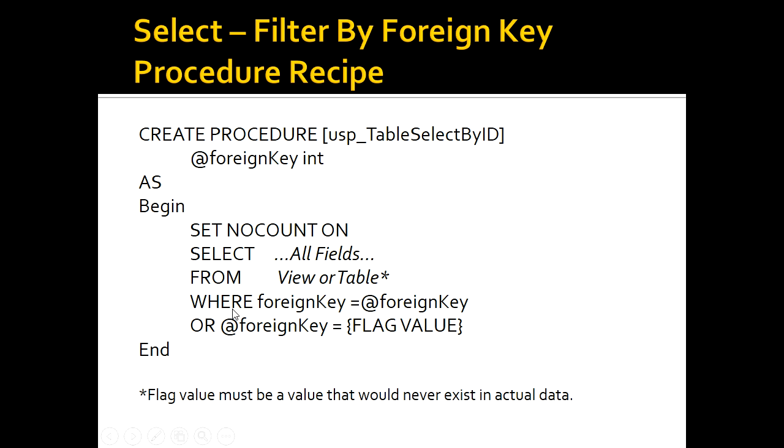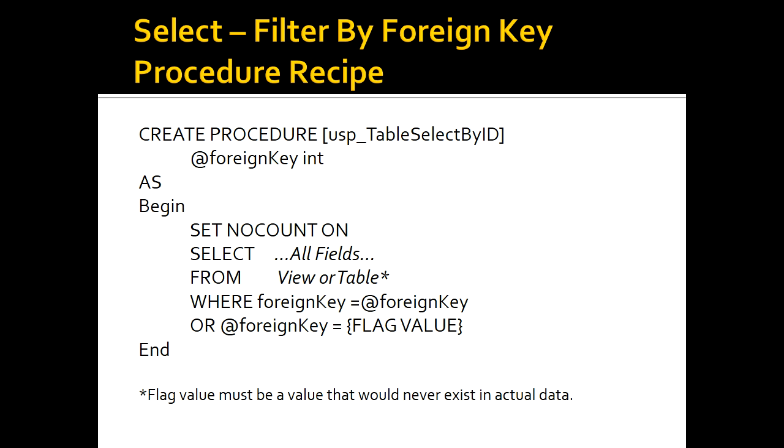Then down here in the where clause, I can say where the foreign key matches my parameter, or if the parameter equals some flag value, which basically says, don't filter, right? If the parameter is equal to this planned ahead flag value that basically says don't filter, well then that second comparison will always be true.